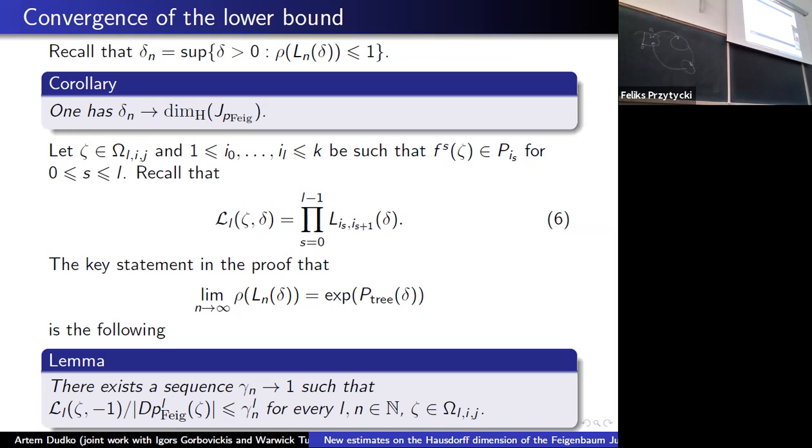And if we consider an orbit of a point under the Feigenbaum quadratic polynomial, it can visit pieces containing 0 some number of times, but this number of times can be explicitly bounded by how far we started from the origin initially.